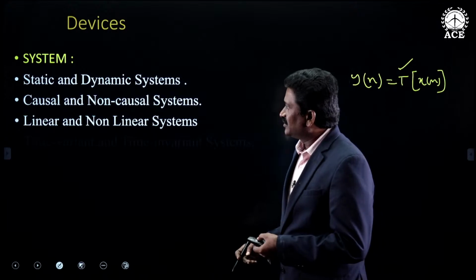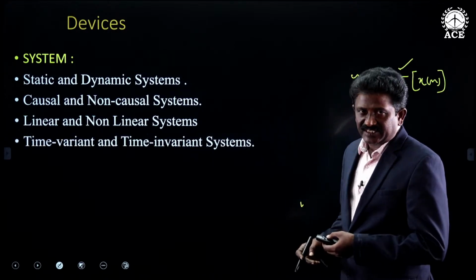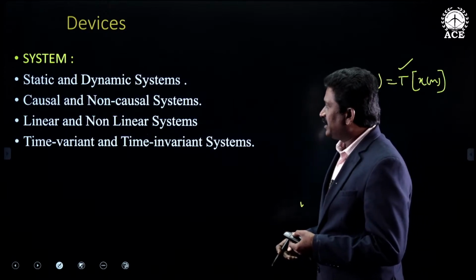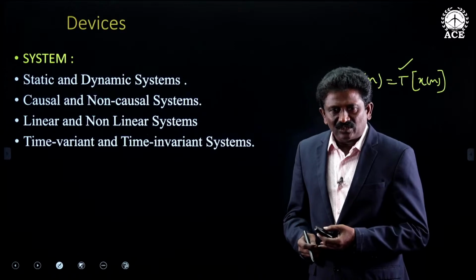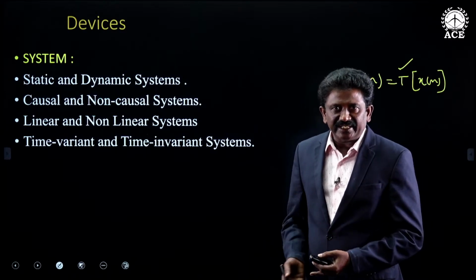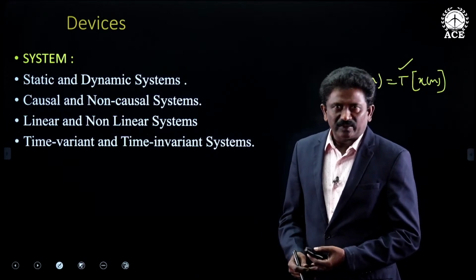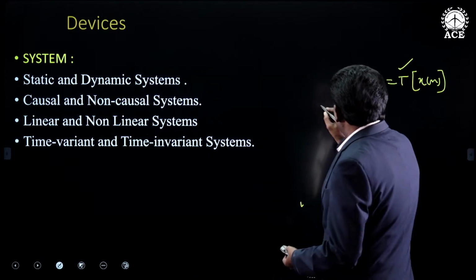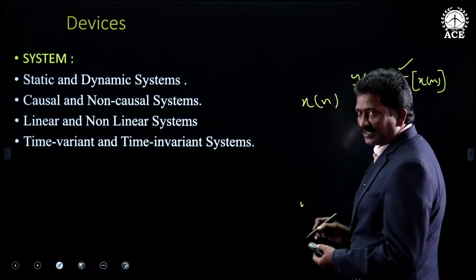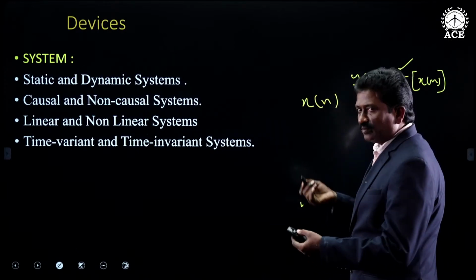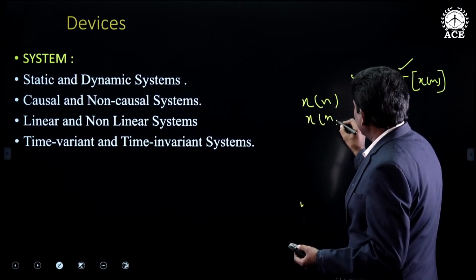So next one, time variant and time invariant systems. Any system will give some output. Now you have to consider some delay in the input and observe the delayed output. For example, I have taken the input signal as x of n. Now I am going to make some delay, that means x of n comma k.